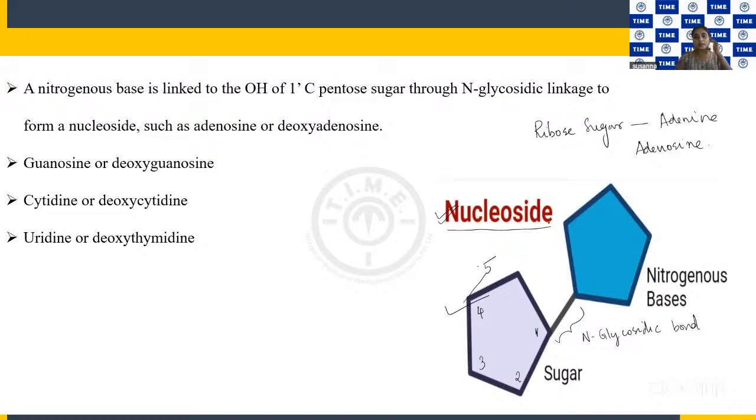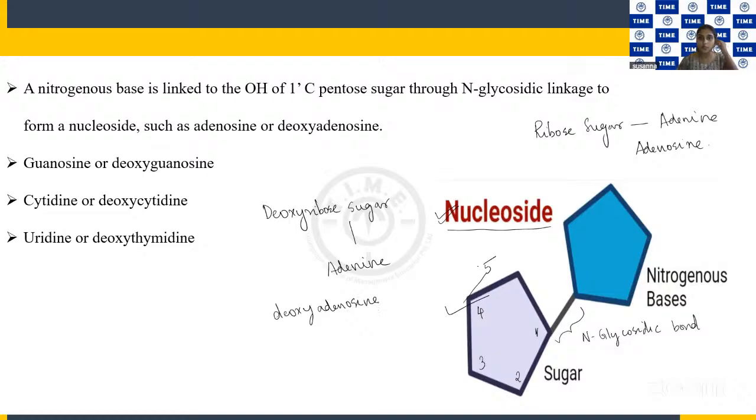Now the next type of nucleoside formed is with deoxyribose sugar. We have attached adenine nitrogenous base, and we call this deoxyadenosine.